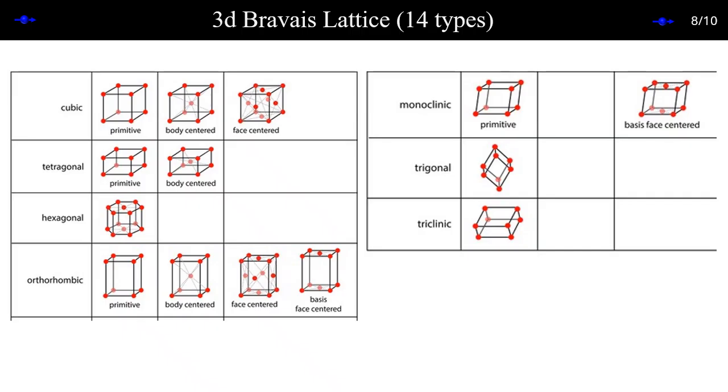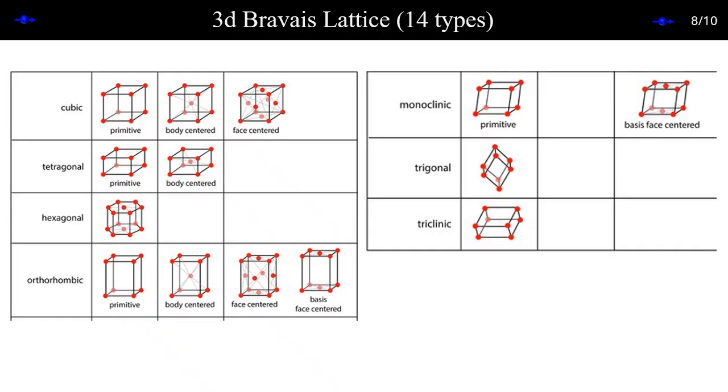Unit cells are not unique; you can define them in many different ways. Sometimes we define it as per our convenience, which we can visualize. But the key thing is the primitive, the smallest unit cell. Again, that is not unique; you can define it at your convenience.